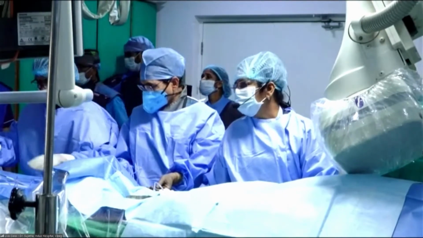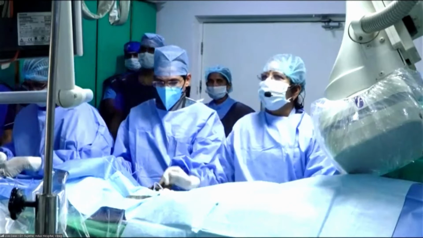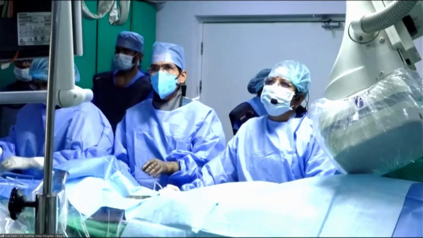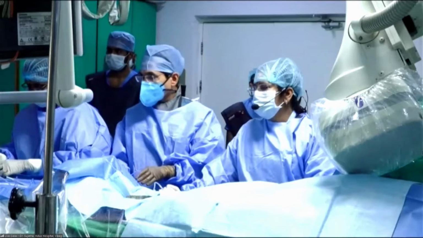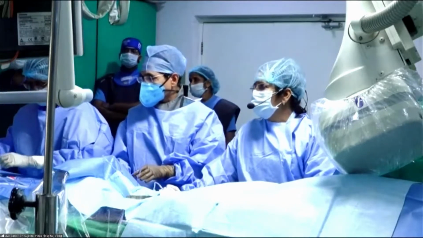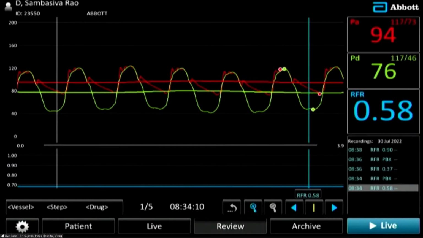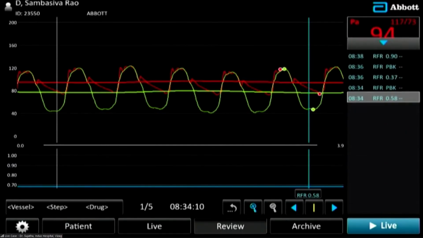So I'll show what I have done till now. I used the FFR wire in the OM1. Can you show that? I did the RFR, and you can see that it is 0.58. Show the pullback, please.